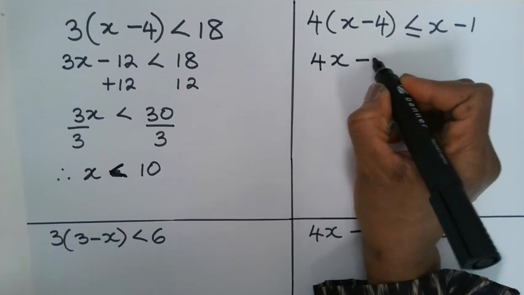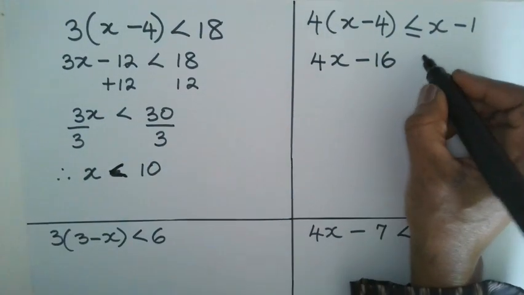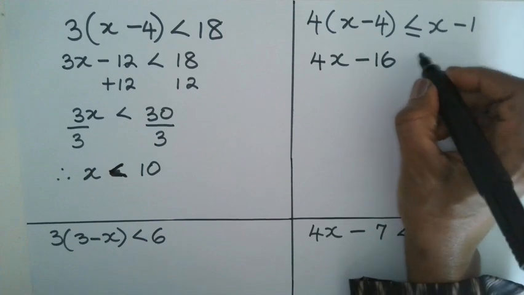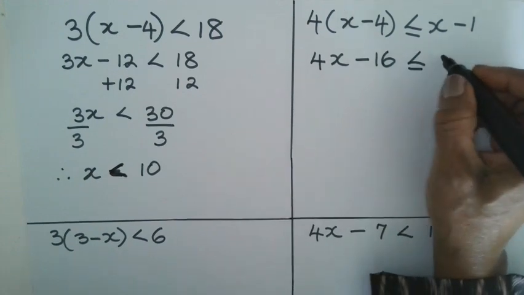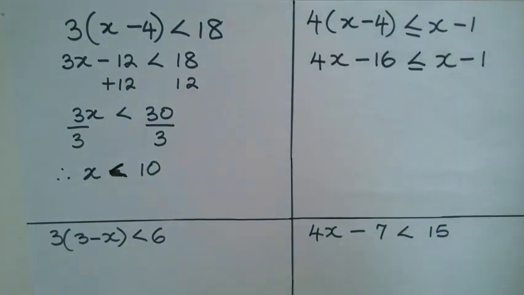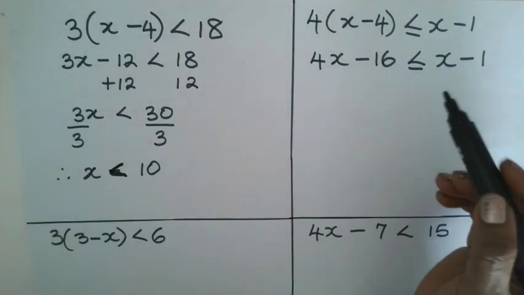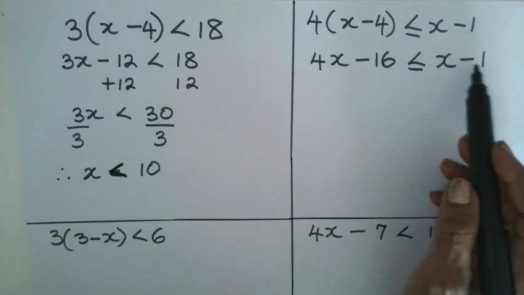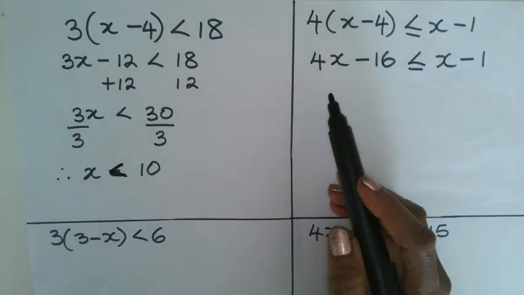4x minus 16 is less or equal to x minus 1. So what we do next is we're going to move all of this to this side.